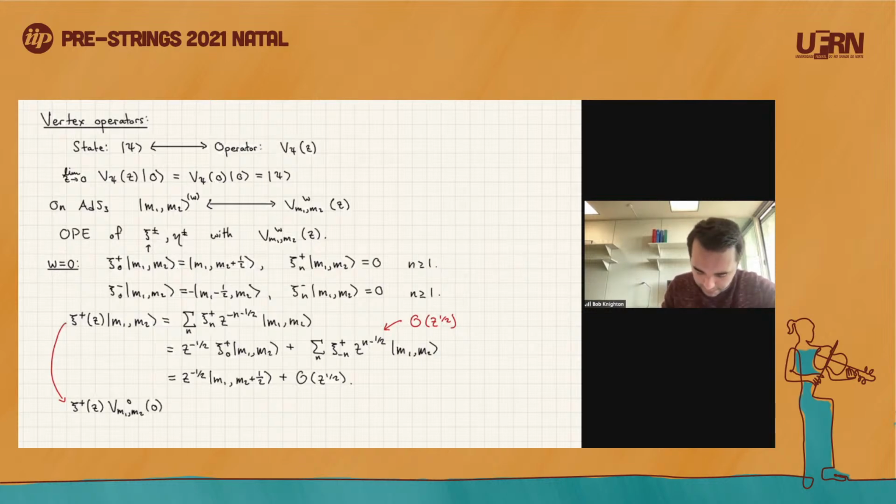This is at 0, acting on the vacuum state. And then we can also write this line in terms of vertex operators. So this is z to the minus 1/2, V of m1, m2 plus 1/2, 0, at 0 times the vacuum state, plus things of order z to the 1/2.